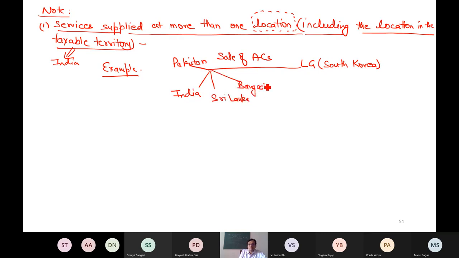This company wants to have some research about the sale prospects of air conditioners of LG.